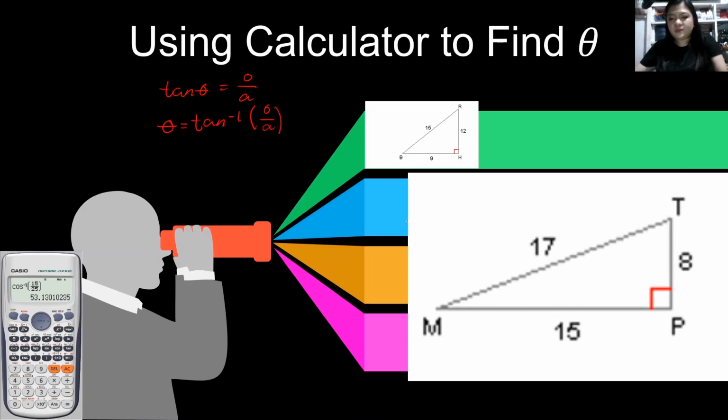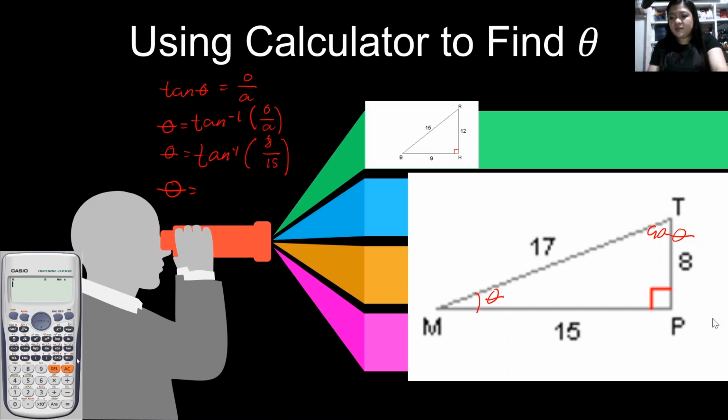So in this example, let's just get M. M will be our theta. Let's find theta first. Arc tangent of the opposite side. The side opposite theta is 8 over the side adjacent to theta, which is 15. Again, using our calculator, we can get the measure of the angle by using the second function.